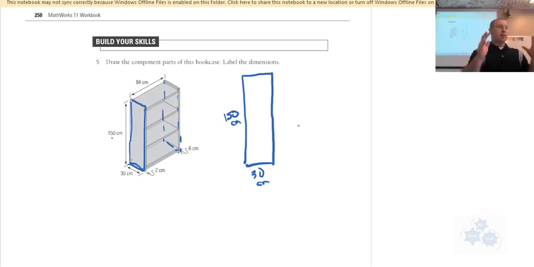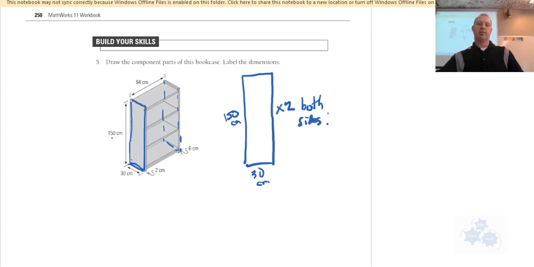So you're going to draw that out in a two-dimensional drawing, not a three-dimensional drawing like you're given. And you're going to say this is times 2. You can say the sides if you want, or you can just say times 2, both sides. So that's the first step there, I would say.